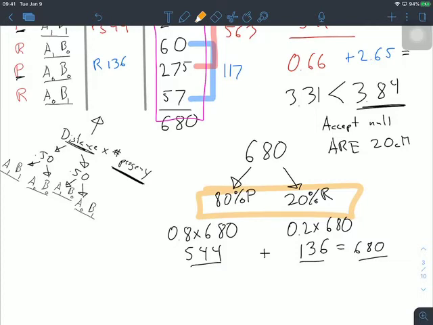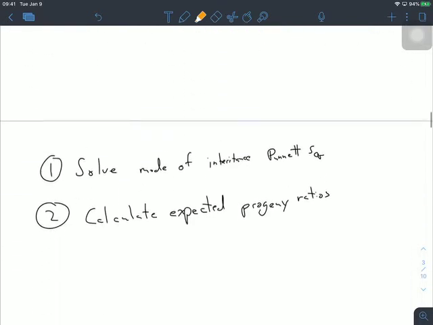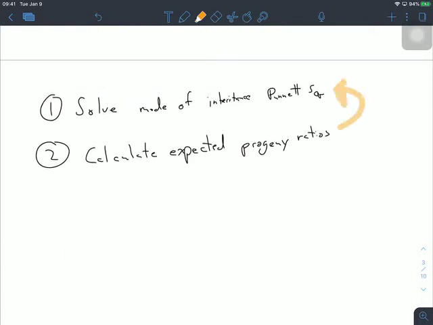Now, you can even simplify this further by looking at some of those simple mode of inheritance Punnett squares and seeing how many progeny you expect to be of these different genotypes.